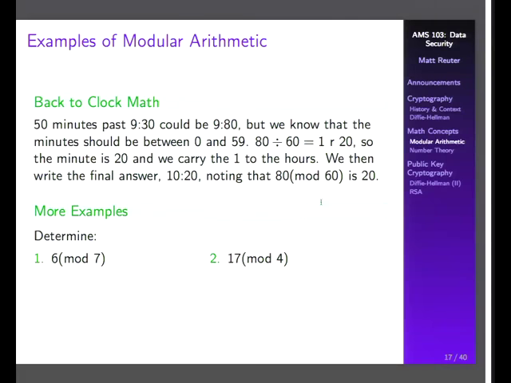Other way of seeing that, how many 7s are there in 6? There aren't any, so the remainder is 6, which would be our answer. Okay? So likewise then for number 2, how many 4s are there in 17? There are 4. What's the remainder? 1. So what's 17 mod 4? Just going to be 1.